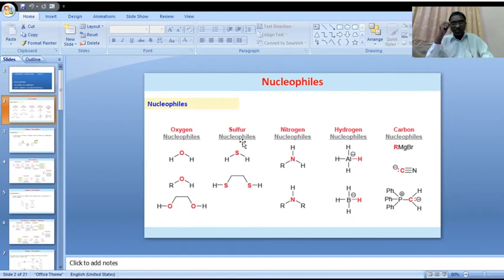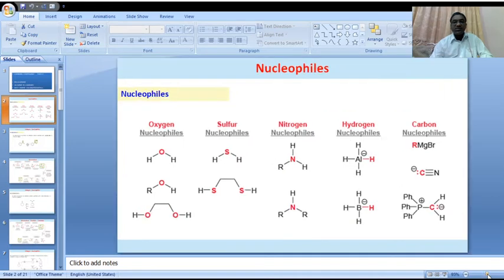In this part 4, first we'll discuss nucleophiles, various types of nucleophiles: oxygen atom containing nucleophiles, sulfur nucleophiles, nitrogen nucleophiles, hydrogen nucleophiles, and carbon nucleophiles.